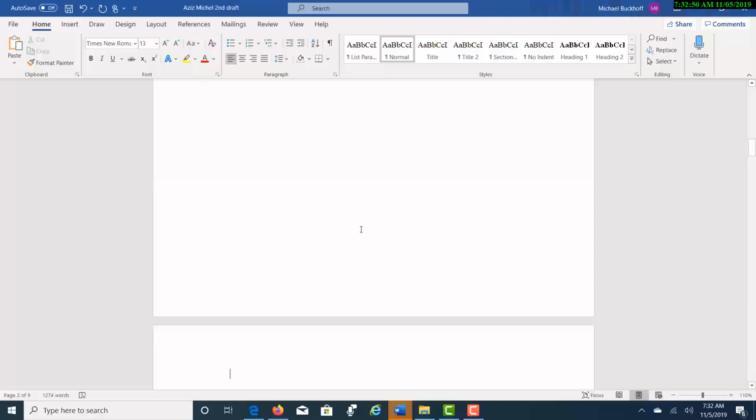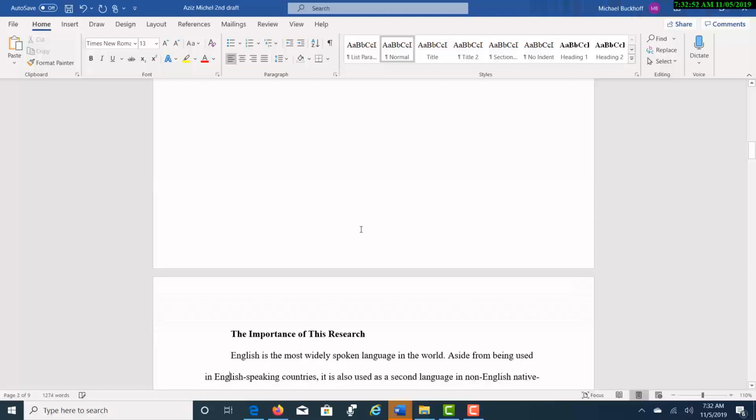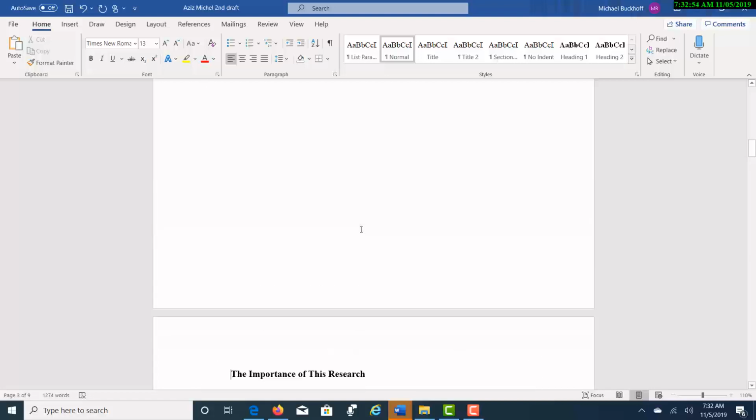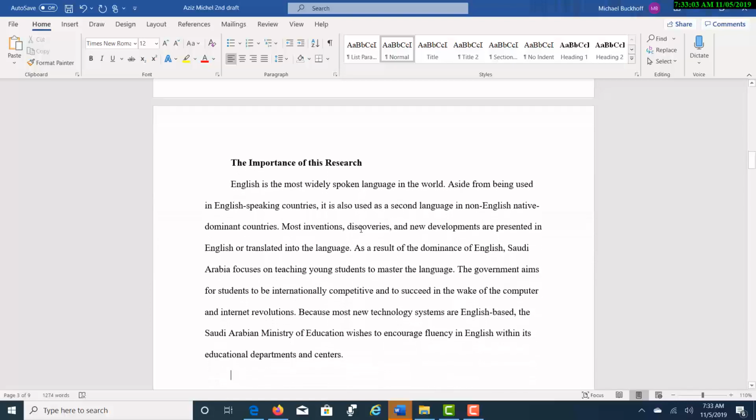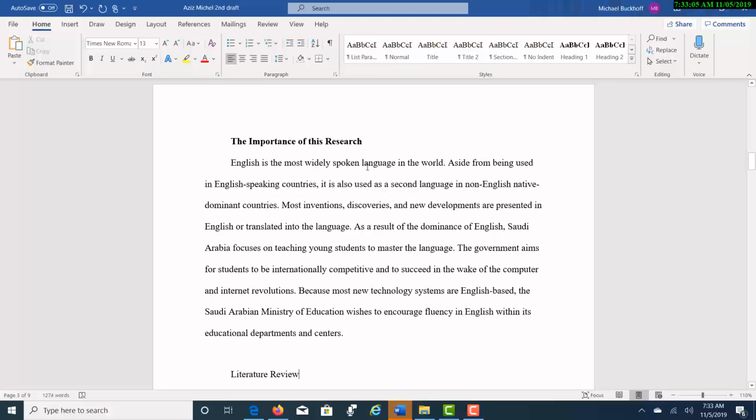So good introduction. So we have the importance of this research. English is the most widely spoken language in the world. I'm going to give you a little bit of sentence variety here. Let's get rid of that. We can even do this, believe it or not.